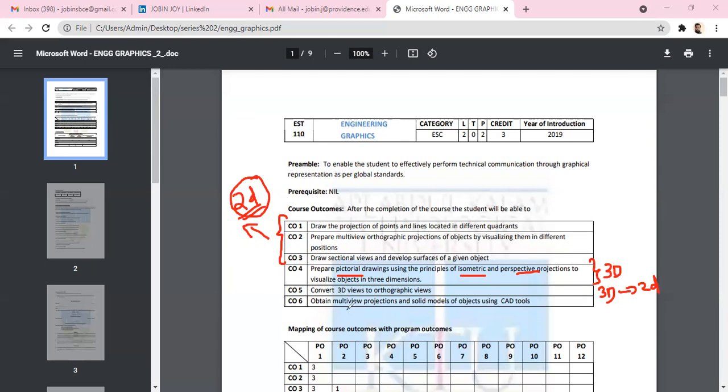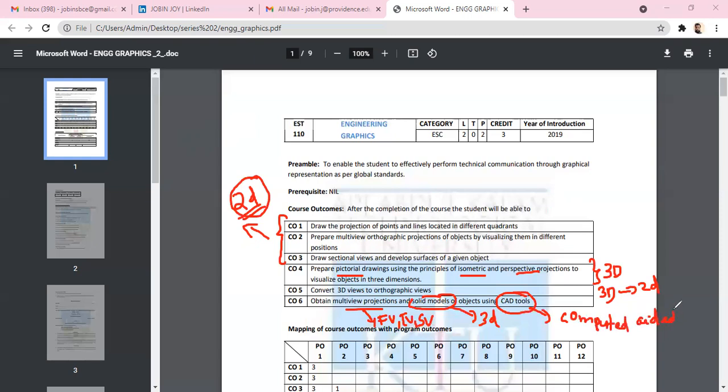Then obtain multi-view projections. What is multi-view? Multi-view projection means front view, top view, side view, etc. You have to obtain multi-view projections and solid models. Solid models means 3D objects using CAD tools. What is CAD? Computer aided drafting or computer aided designing.